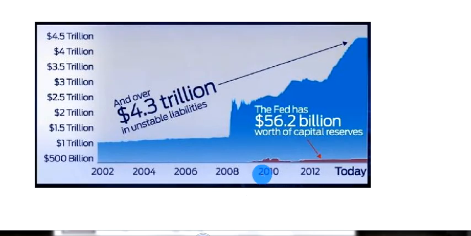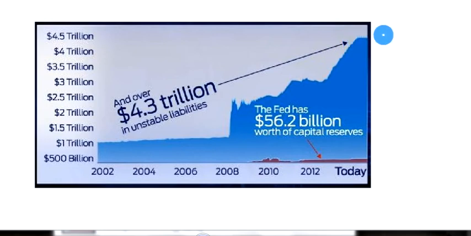This is another chart that's easier to think of in terms of your own personal finances. Think of this red down here, this $56.2 billion. This is what the Fed actually has in assets on its balance sheet. In other words, these are assets that the Fed owns. And the liabilities that the Fed has are $4.3 trillion.